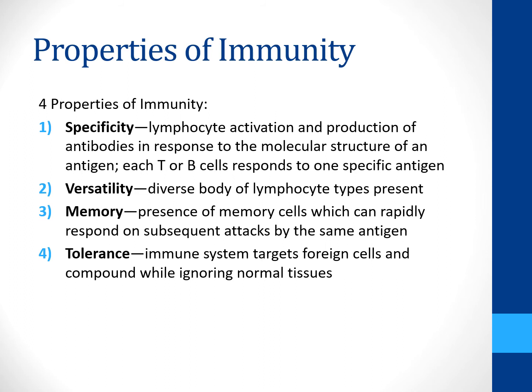Our specific defenses are specific. That's one of the properties of this type of immunity, is specificity. So you have the production of antibodies in response to the molecular structure of an antigen. Either a T cell or a B cell is going to respond to a specific antigen. Like the anti-B antibody is going to respond to the B antigen on red blood cells.